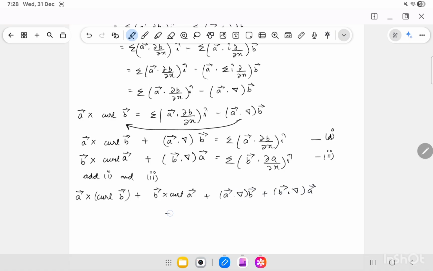and this will be equal to summation a vector dot product del b by del x I cap plus summation b vector dot product del a by del x I cap.